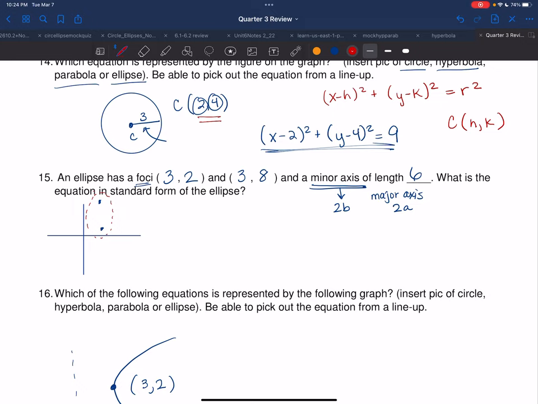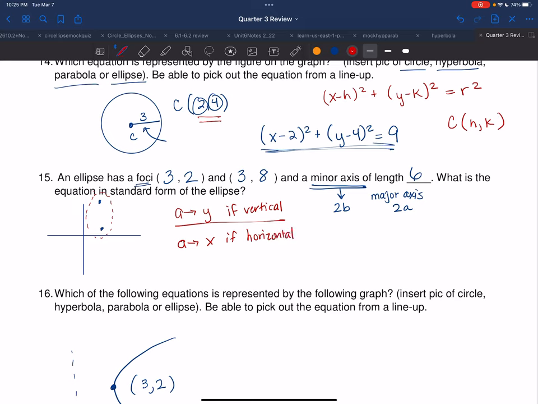So what that means is that a is going to be attached to y if vertical, right? Because remember that a is the largest number, so we want that to be attached to your vertical. a would be attached to x if it's horizontal.